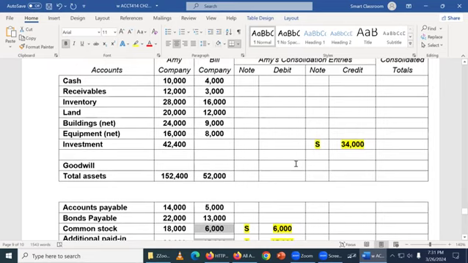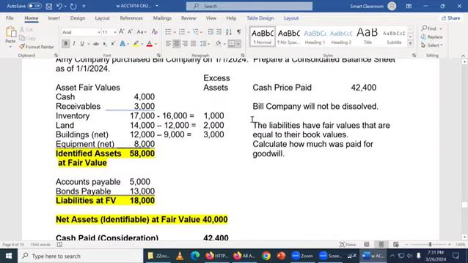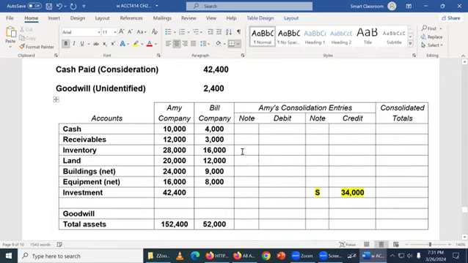And we now have to do our assets, so we have inventory, land and building. Inventory, land and building. Thousand. 2,000. And 3,000.